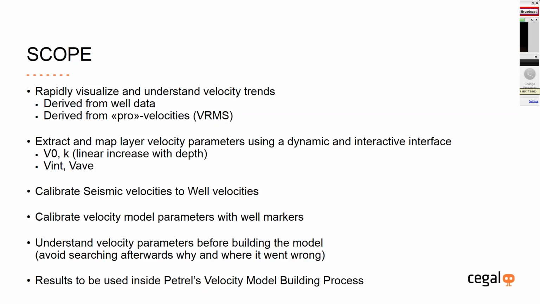Then there is the ability to calibrate the velocity model with well markers, compare that to the well tops and reduce the differences. The idea is to understand velocity parameters before going and building a model. What sometimes happens is you build a velocity model in Petrel.